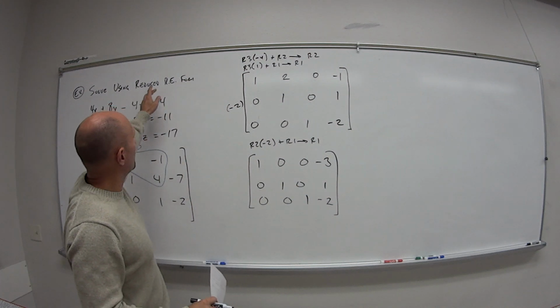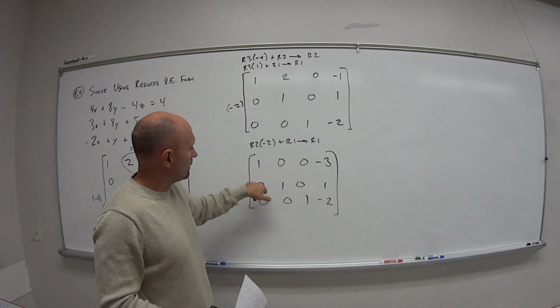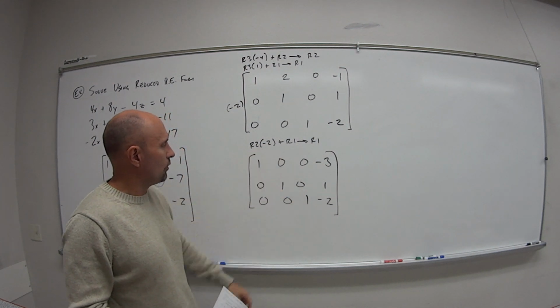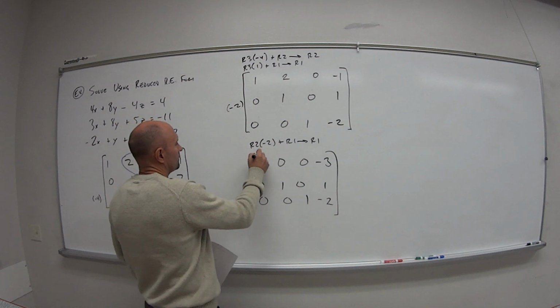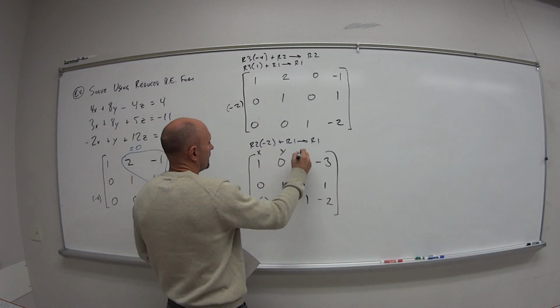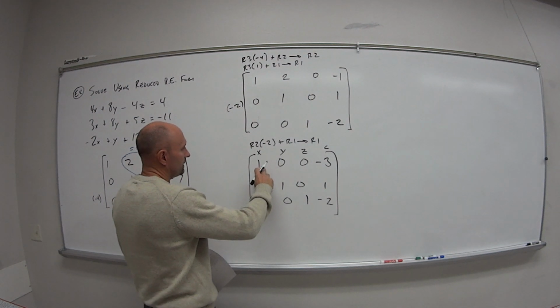So this is now in reduced row echelon form. We have 1s on the diagonal, 0s above and below that leading entry of 1. So remember what this means. This is my x column, this is my y column, this is my z, these are my constants. So this really means what?